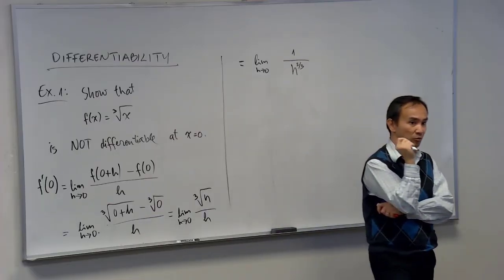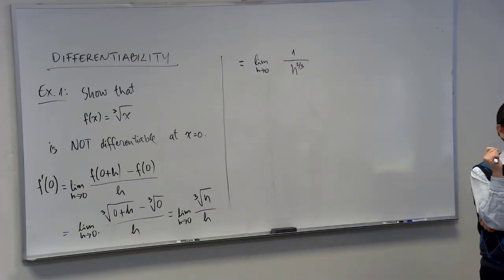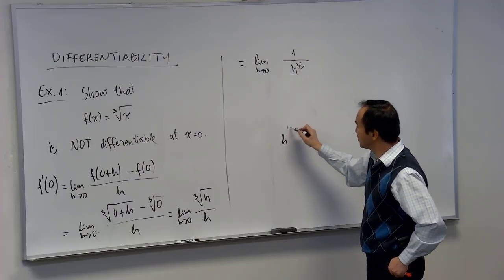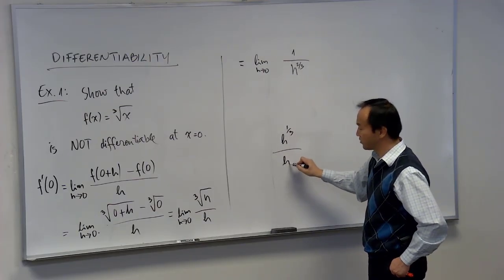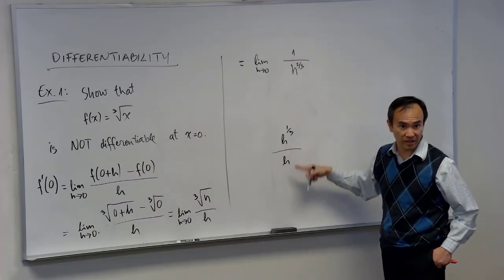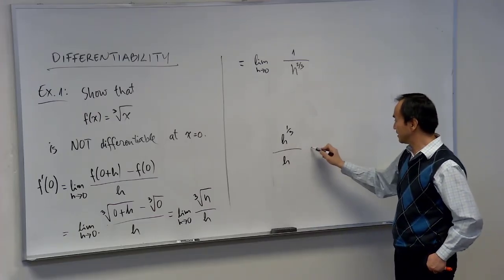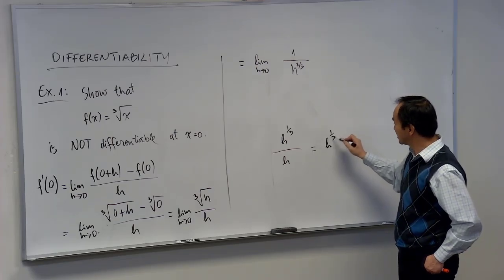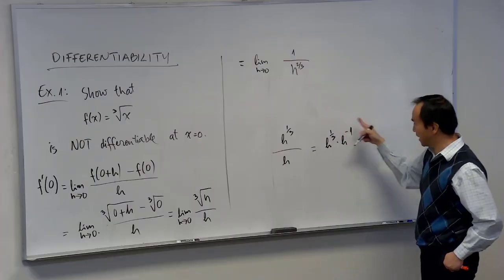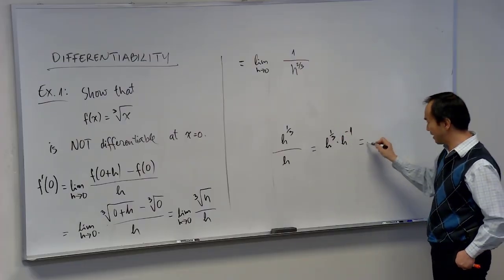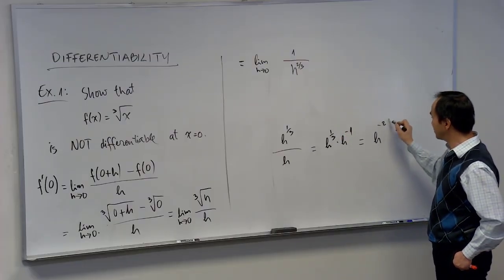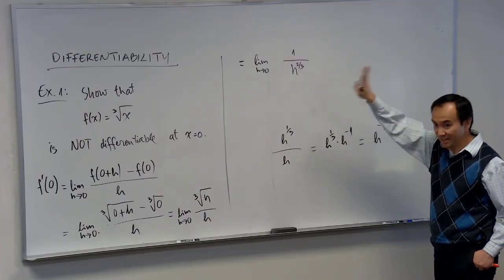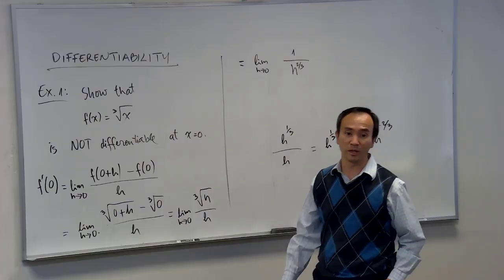Are you guys able to follow the algebra right there? Cube root of h means h to the 1/3 power divided by h to the first power. Dividing these, we're subtracting the powers. That's the same as h to the 1/3 times h to the minus 1. Combining the powers gives h to the negative 2/3. And that's just one way of explaining it.